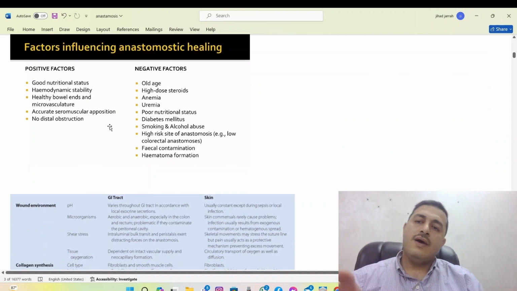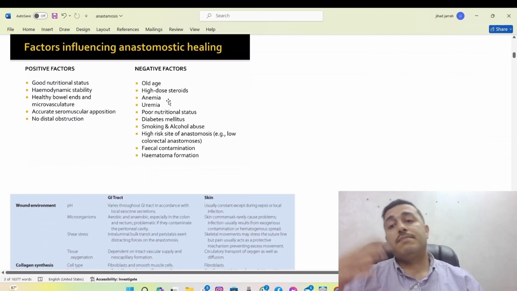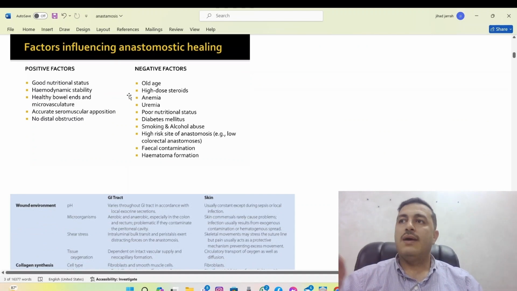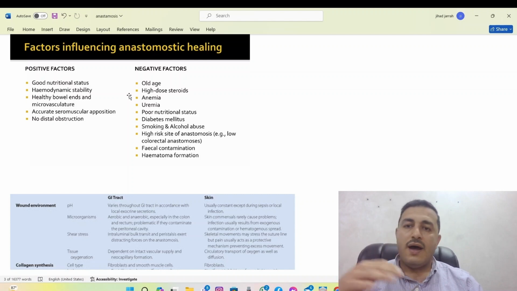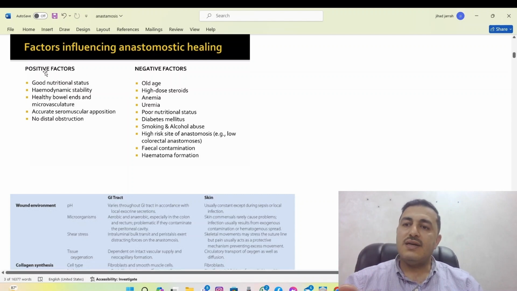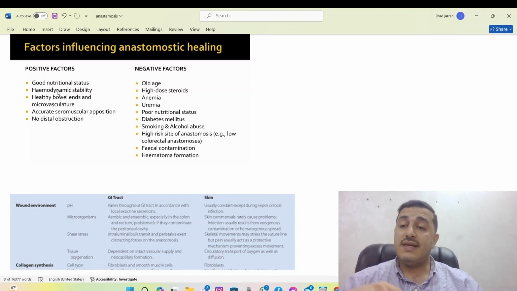Okay, here is a nice picture that just gives you some positive and negative factors that affect anastomotic healing. We can review it in different ways, patient related, etc. But you can see here positive factors: good nutritional status, even pre-op, and hemodynamic stability. You are not going to do an anastomosis in a patient who is unstable.